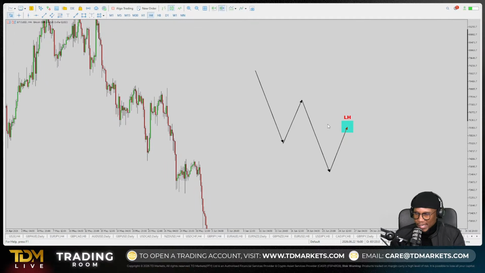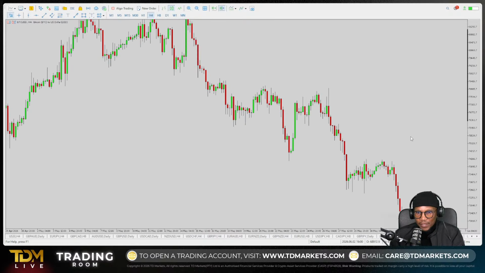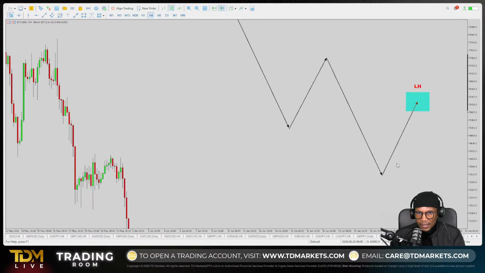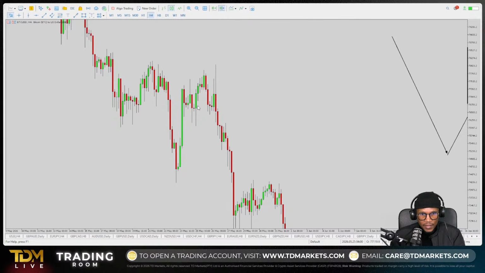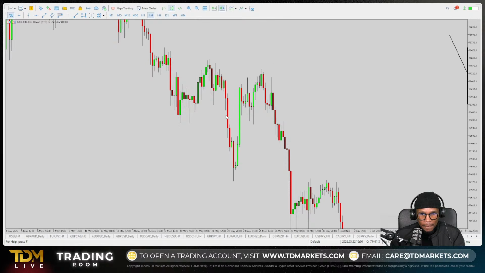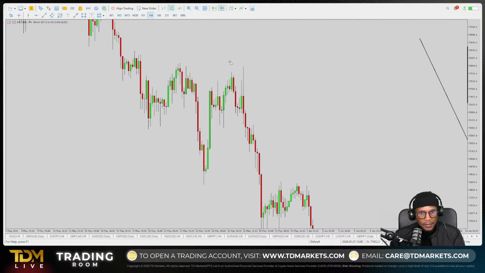For instance, it could be something very simple, like, let me see if there's an example here. You see in hindsight, the lower high formed there. But would you have known as a beginner that the lower high is going to form there? No, I don't think you would have known as a beginner, right? With experience, you would have had an idea. But as a beginner, you wouldn't have known. So what do I mean?